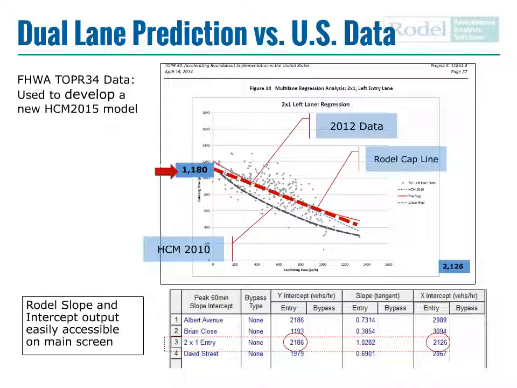This is for a two-lane entry roundabout. This is one lane of a two-lane entry roundabout, and Rodel is right there with the US data. And so that gives us a lot of confidence in its predictive capabilities.